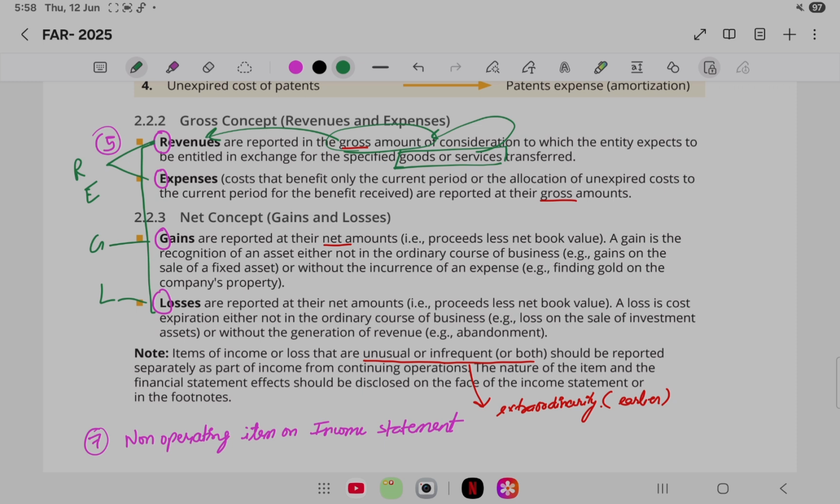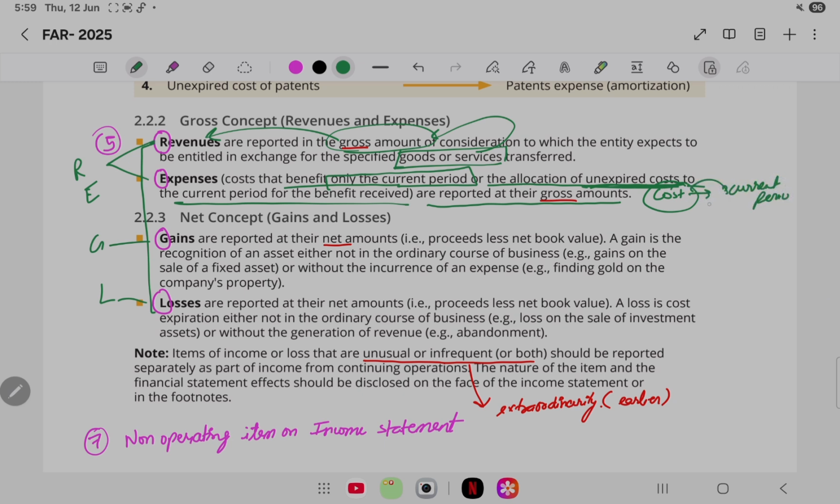What are expenses? Expenses are costs that benefit only the current period, and the allocation of the unexpired cost to the current period for the benefit received is reported at its gross amount. What they are trying to say is, the costs we add in the income statement belong to the current period only.